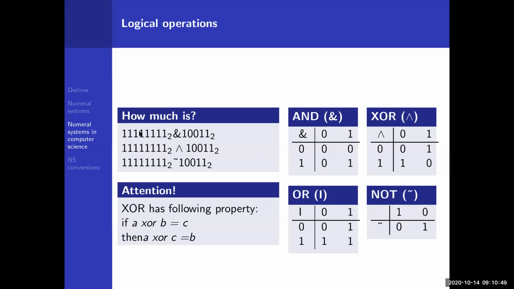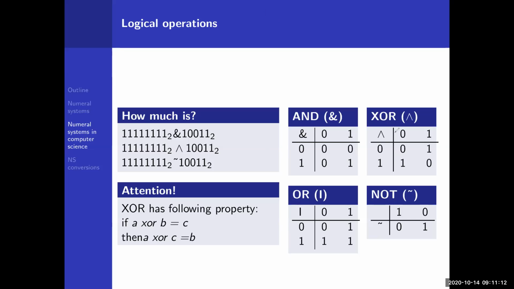And when I'd like to perform a logical operation, I have to perform it on every corresponding digit, so on every bit. So look, here I have a truth table.